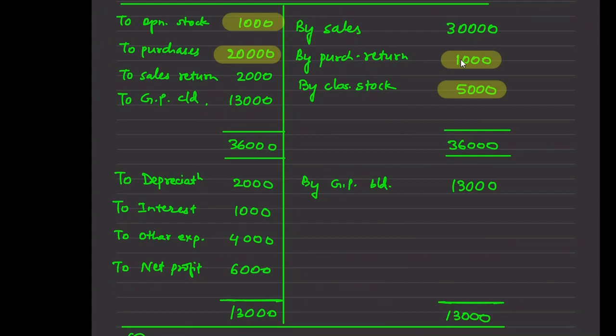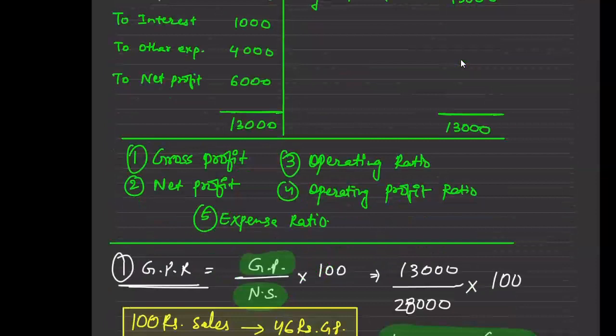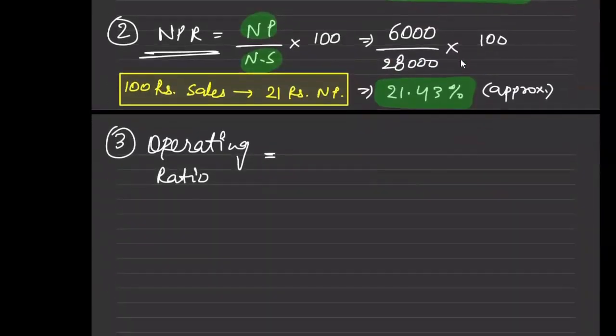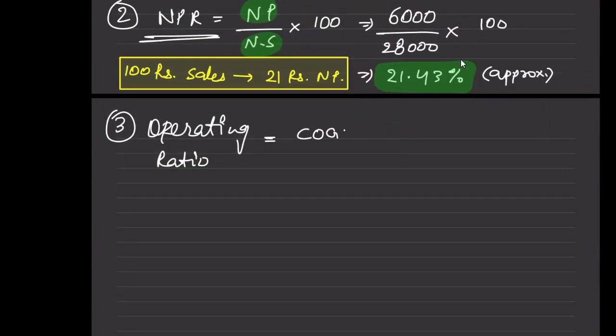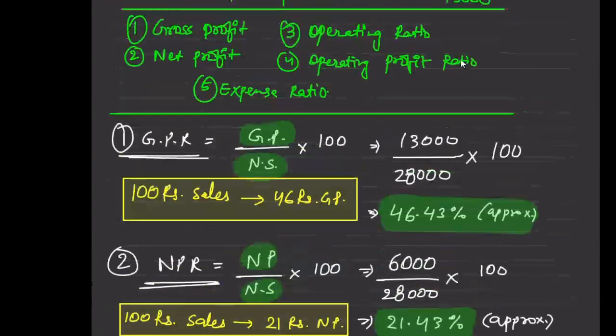Here 1,000 plus 20,000 is 21,000, minus 1,000 is again 20, and minus 5 is 25,000. So I have got my COGS, that is 25,000 rupees. Okay.